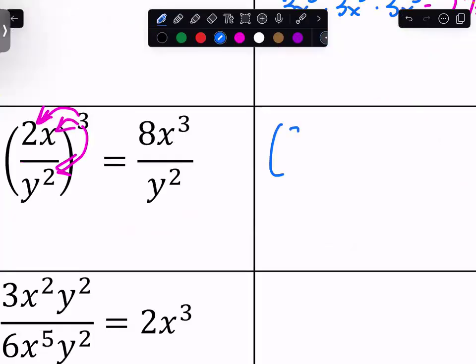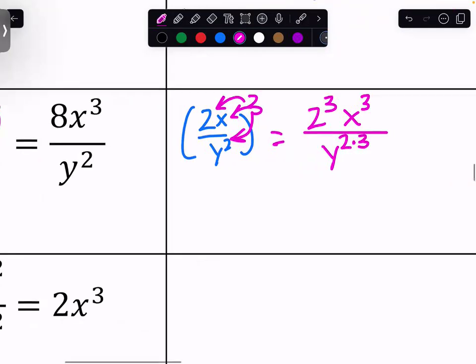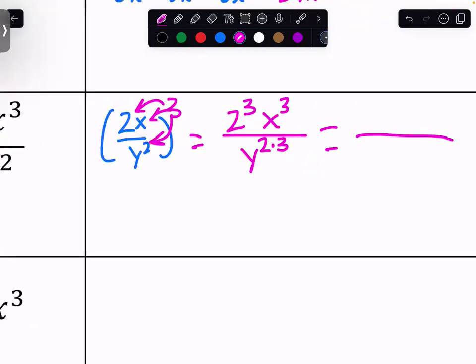Okay, so yeah, the correct way to do this problem is to make it affect everything. So the 2 becomes 2 cubed, the x becomes x cubed, and the y squared gets cubed, meaning you multiply the old exponent by 3. 2 cubed, 2 times 2 times 2 is 8. x cubed is just x cubed.